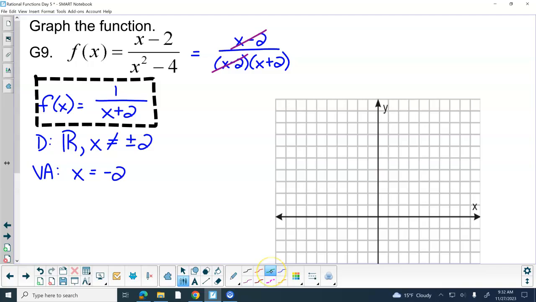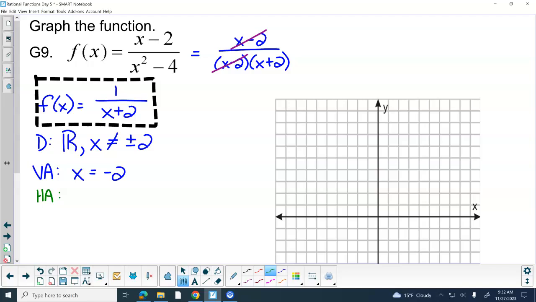Horizontal asymptote. Do we agree with none? What do you got? Y equals 0?